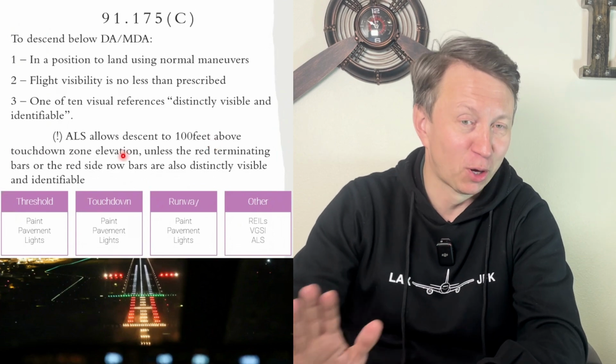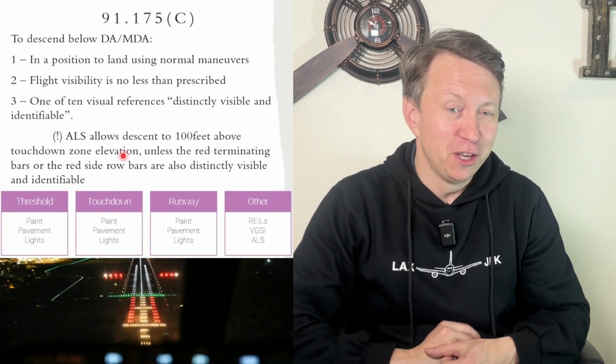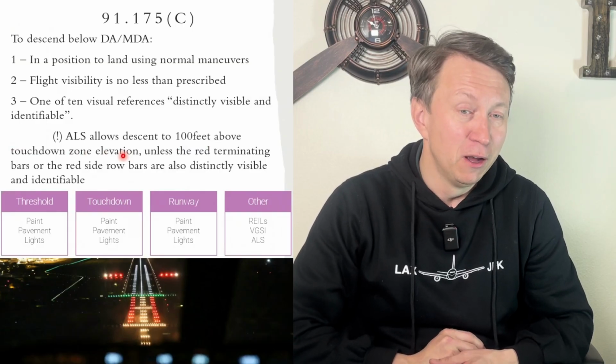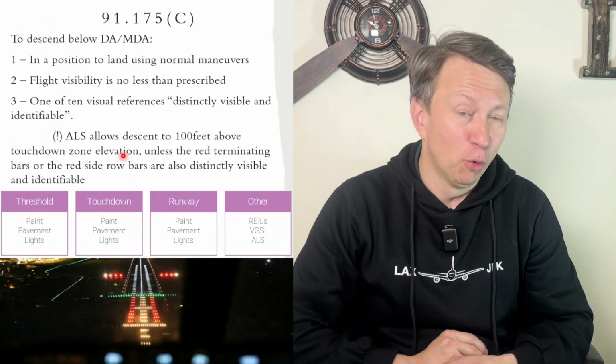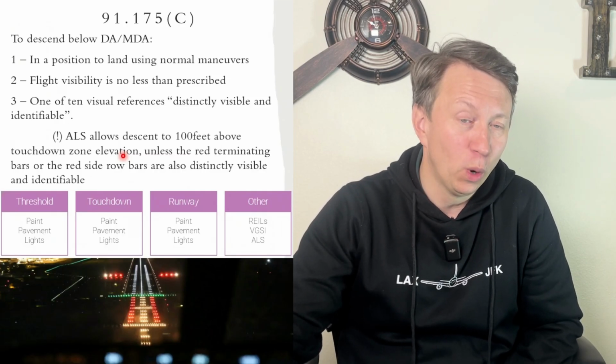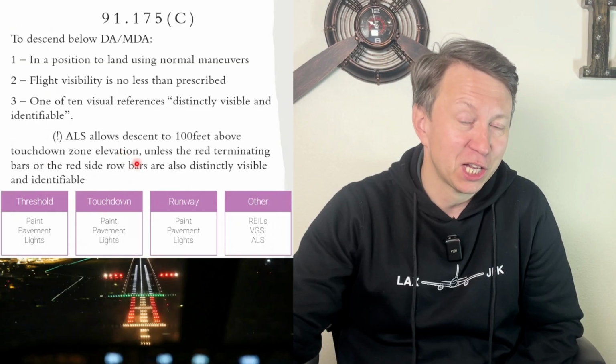That portion is crystal clear. So if in your example somehow the decision altitude is 300 feet AGL, you'll be descending 200 feet more because now you're authorized to get down to 100 feet above touchdown zone elevation. Okay, cool. Thanks.